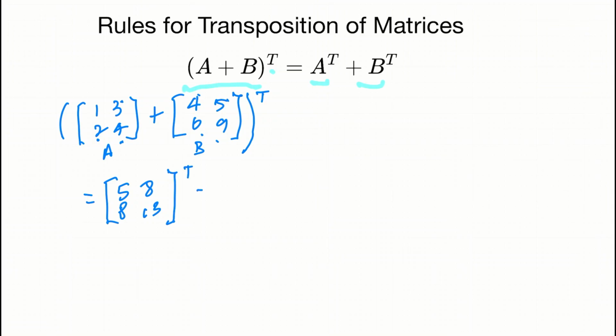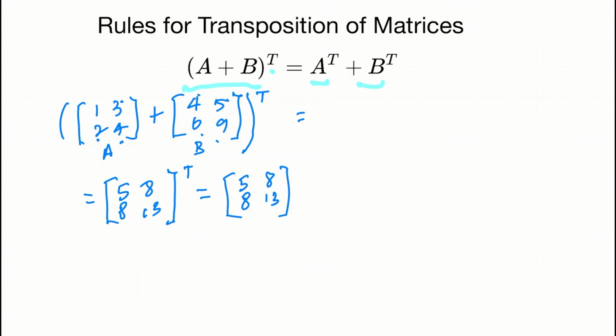Now we take the transpose of that. So the first row, 5, 8, becomes the first column. The second row, 8, 13, becomes the second column. So that is the transpose of the sum. Now let's see if that is equal to this.